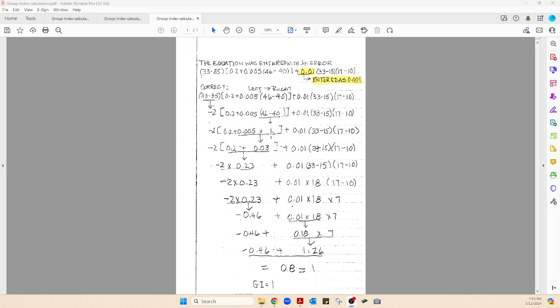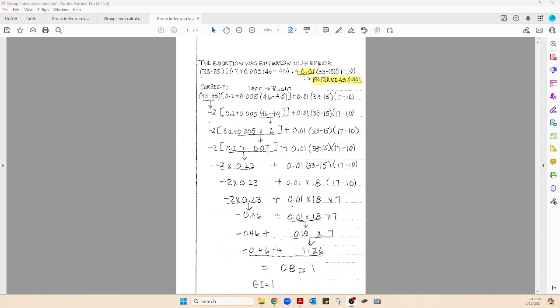But we changed to 6 here, so when we drop, we took this 0.2. Let me double check. We took that 0.2, and how did I get that? Hold on. We should have 1.2 here.